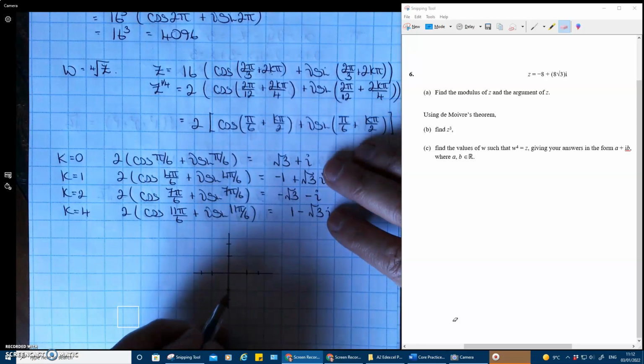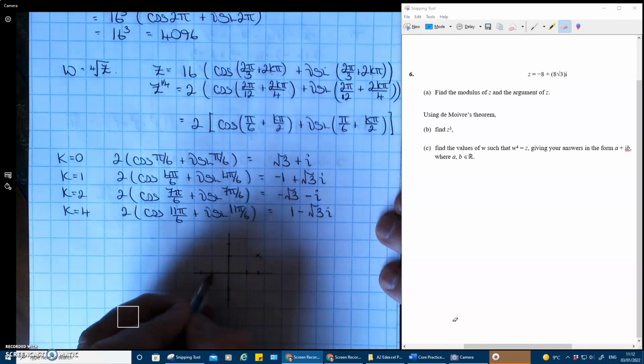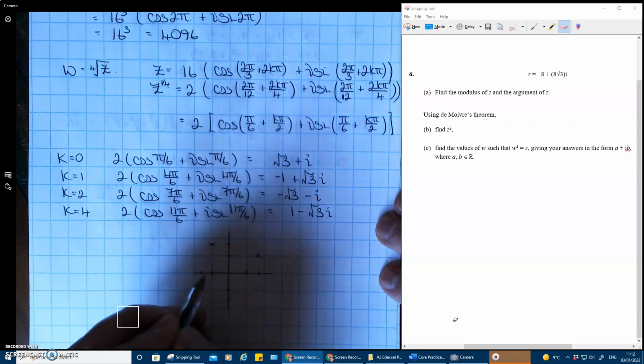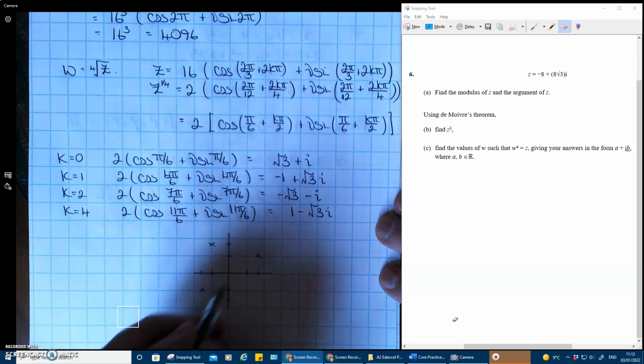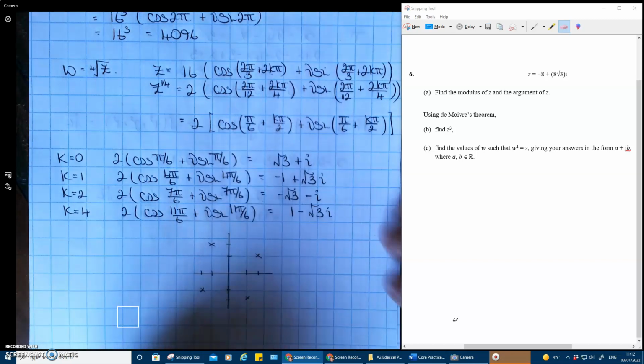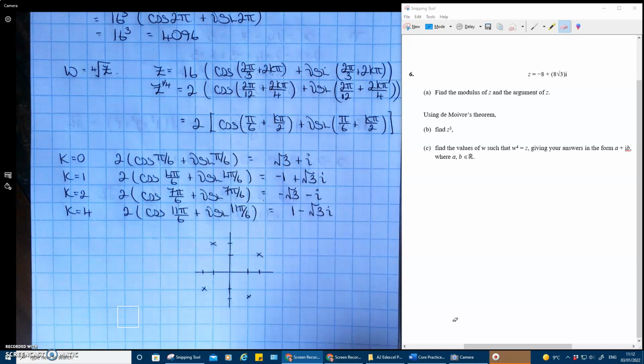If I plot the points on, root 3 plus I, minus 1 plus root 3, minus root 3, minus 1, and finally 1 minus root 3. So they should all be evenly spaced around on a circle and all have the same radius.